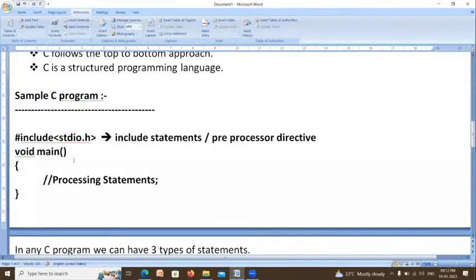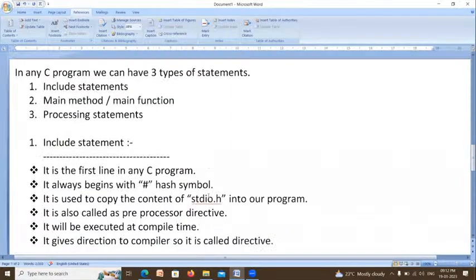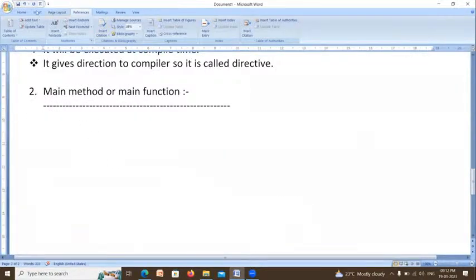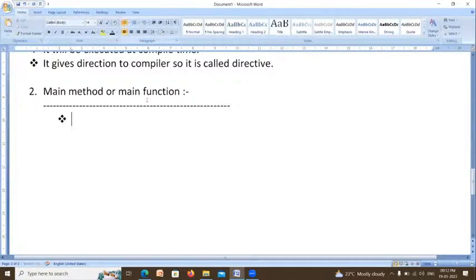The compiler always looks for where void main is. From that, the execution begins. So it is called the first executable statement.